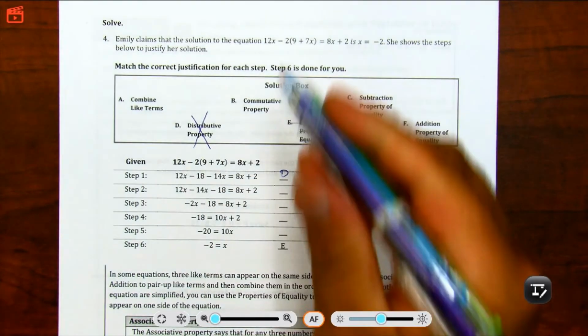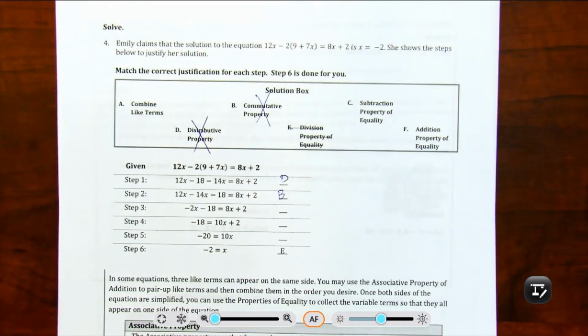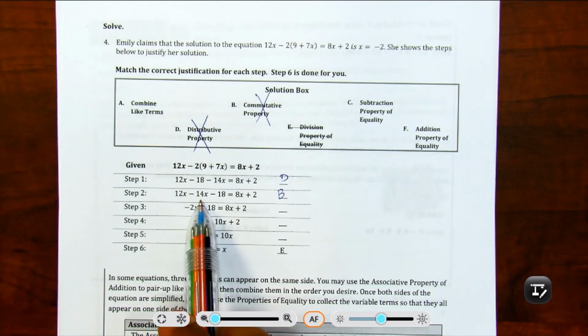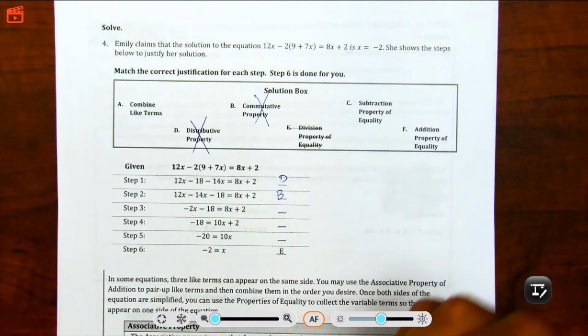So that is B. Next, I have 12x minus 14x, that is negative 2x. So what property is that, or what do we do? We combine like terms, so that is A.